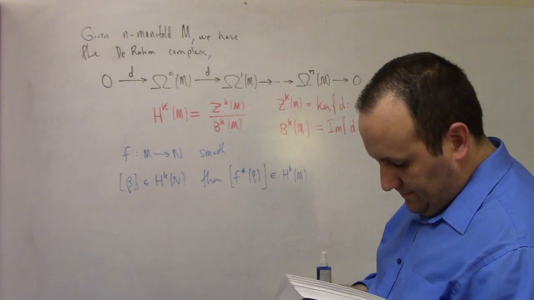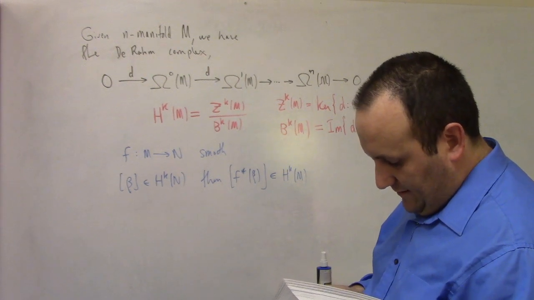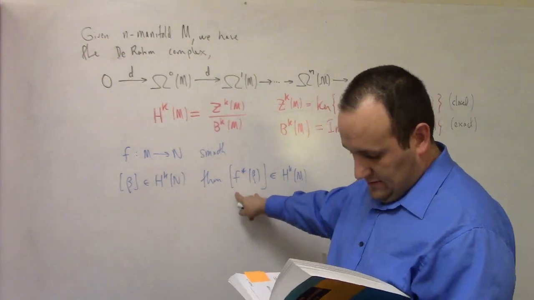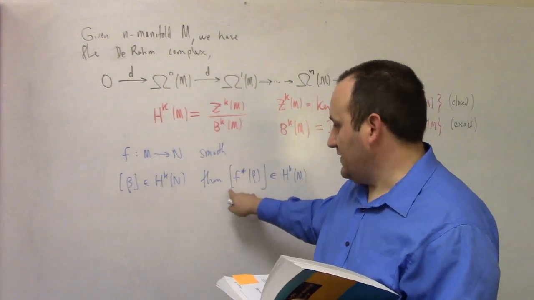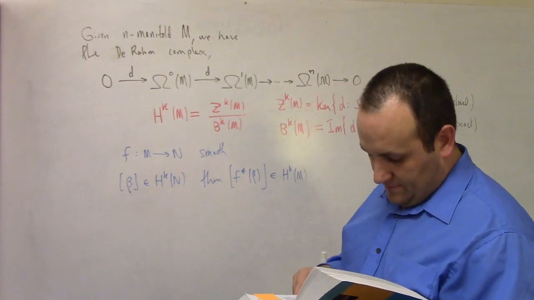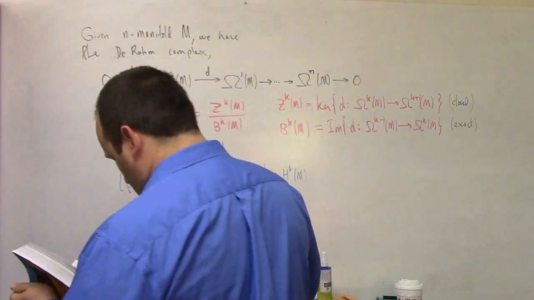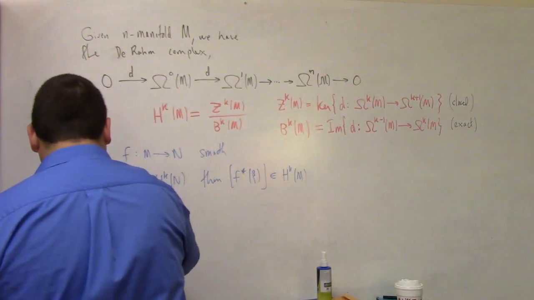And he says that this pullback depends only on the equivalence class of beta. So here's an identity. You write it down here.